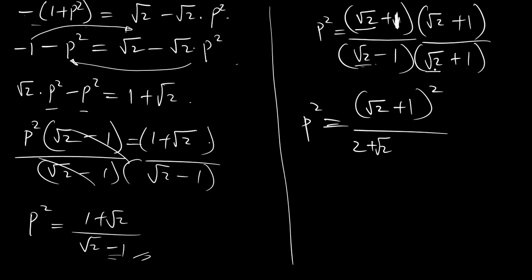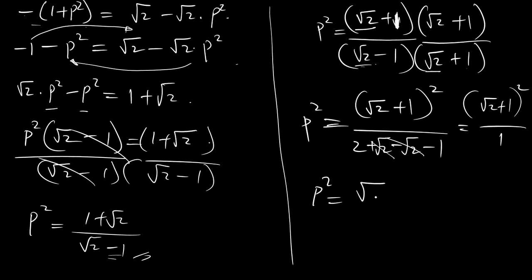Minus 1 times the square root of 2 will give you minus square root of 2. Minus 1 times plus 1 is minus 1. So we now have square root of 2 plus 1 all brackets square, this will cancel out. Now you have 2 minus 1, which is 1. So p squared is equal to the square root of 2 plus 1 all squared.